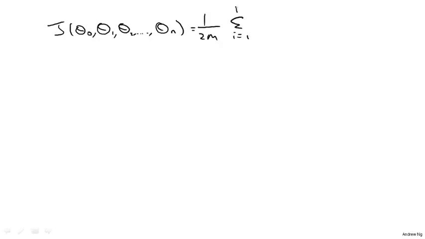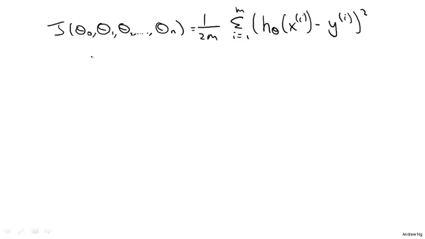In our setting, J of theta is a function of theta 0, theta 1, theta 2, up to theta n, if you have n features. And we had defined J of theta as follows, right? It was this sort of quadratic cost function.